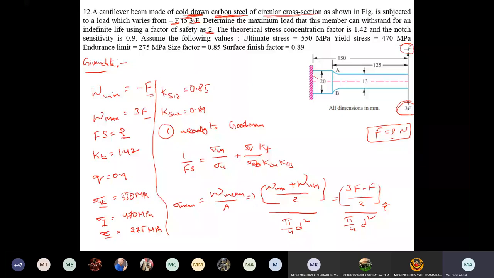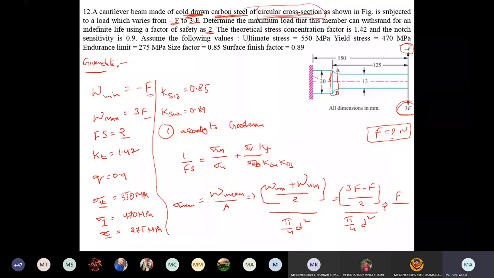Sir, the difference in diameter only, sir. Yes, there is a difference in diameter, but here particularly he is mentioning the circular section, so we calculate at the critical section. Only if the problem mentions it do we need to select a different cross section.